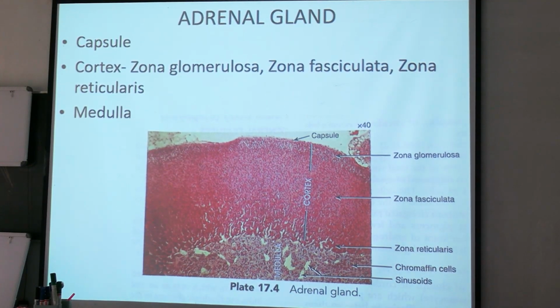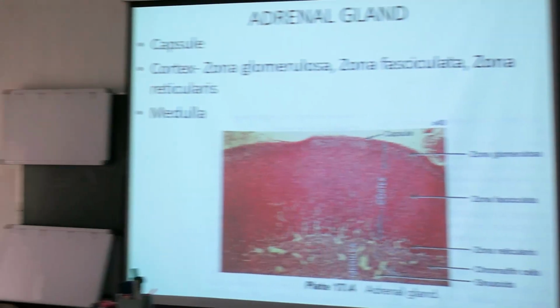So prepare suprarenal gland histology as a short note, and practice a schematic diagram, which you will draw in your histology copy. Remember the layers are important for your MCQs, and the cellular patterns and the hormones secreted by different layers are very, very important for your MCQs and viva.